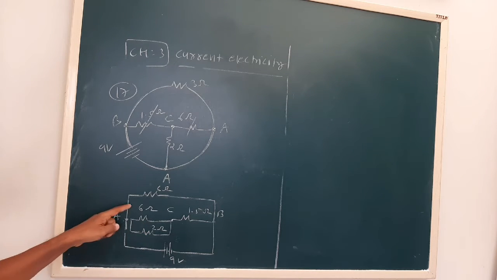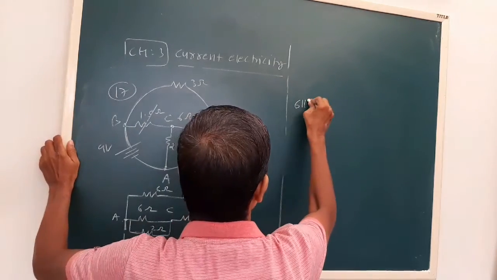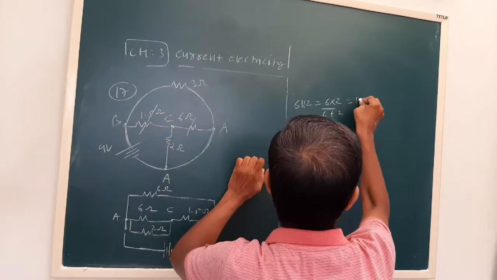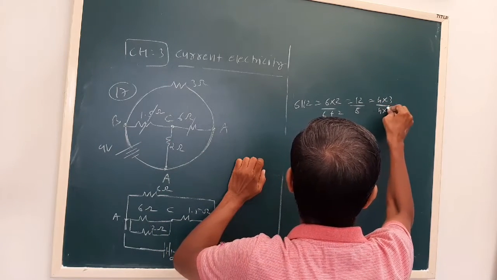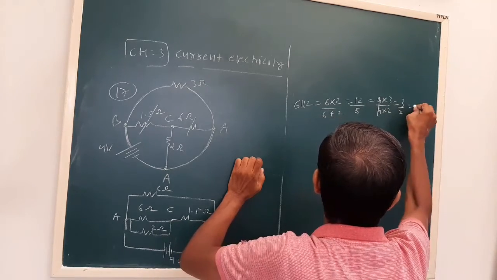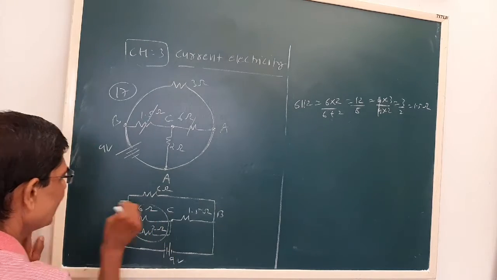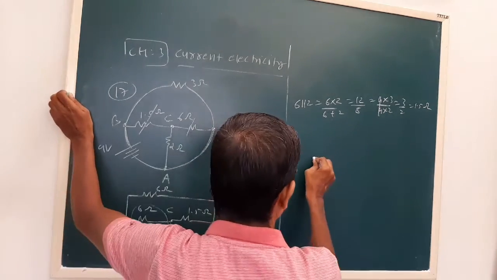Now 6 ohm and 2 ohm are in parallel, so 6 parallel to 2. See, we have obtained the equivalent resistance between A and C, that is 1.5 ohm.